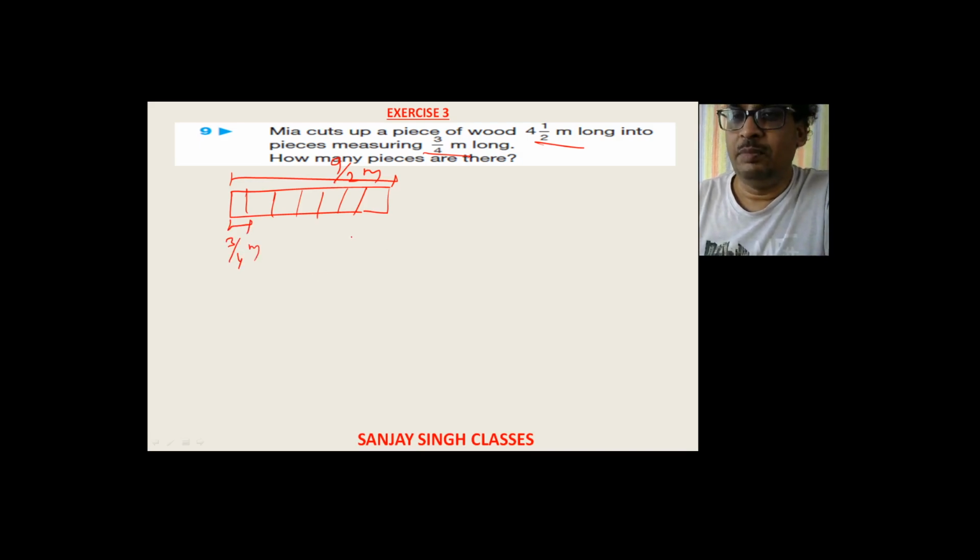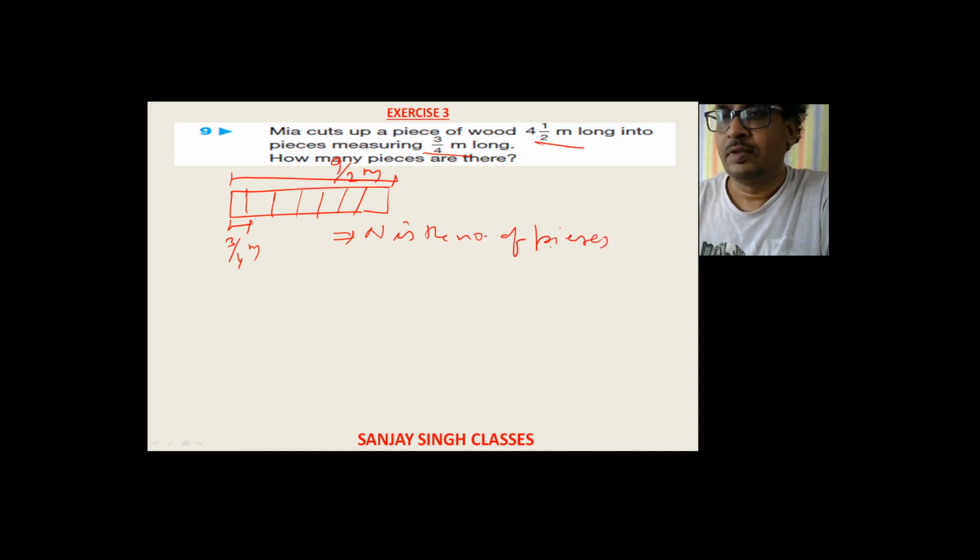So it means, suppose n is the number of pieces Mia cuts the wood.